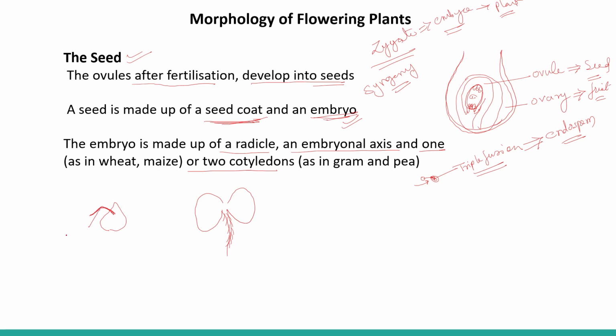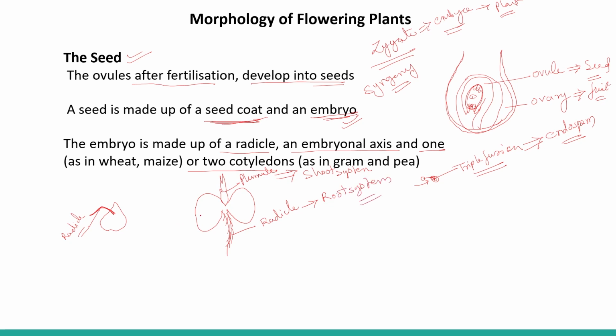What is that? That is the radicle. And later the plumule also comes out. The plumule gives rise to the shoot system and the radicle gives rise to the root system.